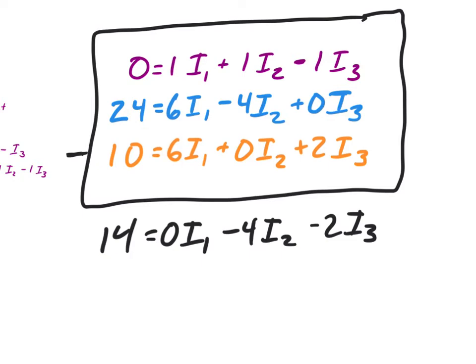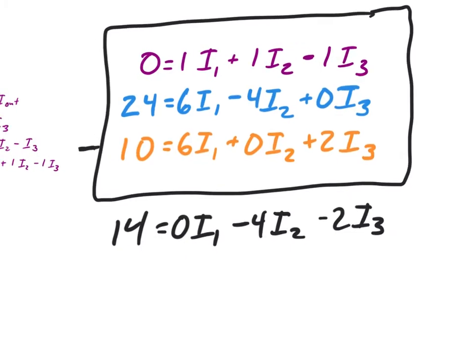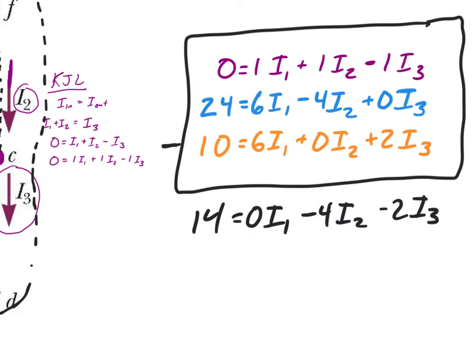This is technically called a degenerate equation. Another way of saying it is it's redundant, because all the information for this black equation is already in these two equations up here.